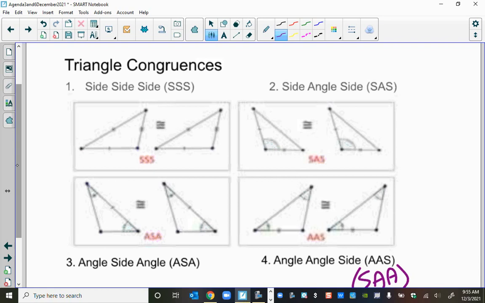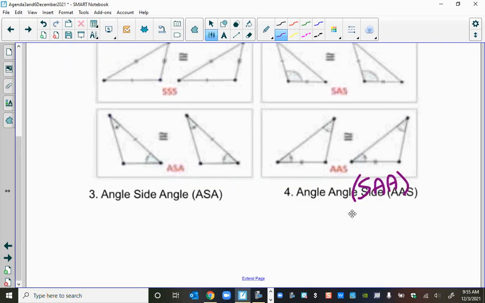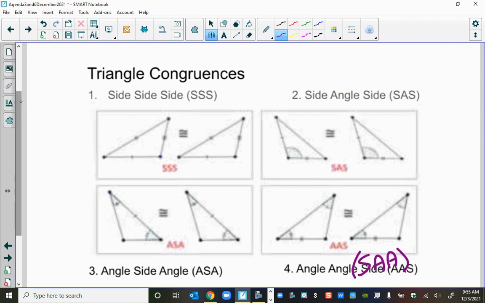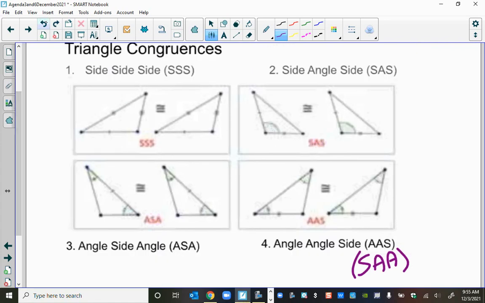you're going to get two parts. So I'm going to give you two triangles, and you're going to get two parts of the triangle. But then you have to determine the third part that would make this congruence hold up and be true. We sort of talked about it at the very end of last class, but we ran out of time.